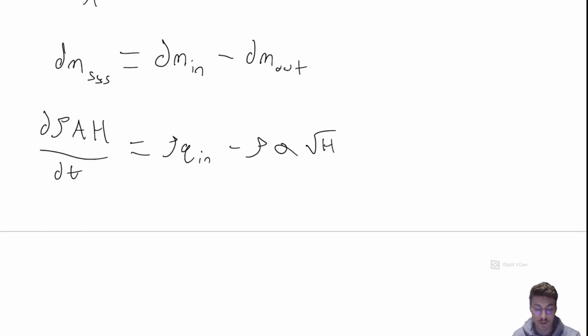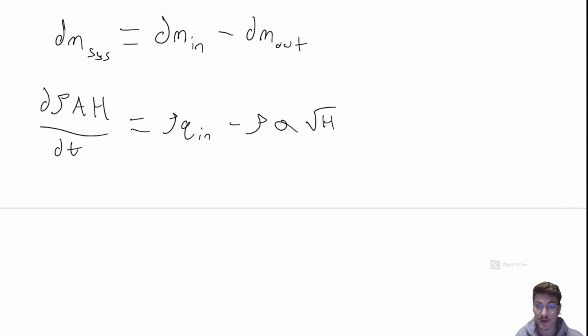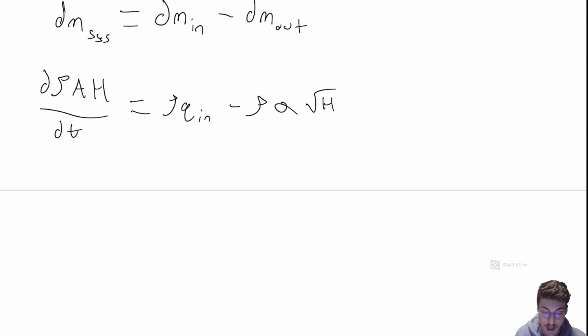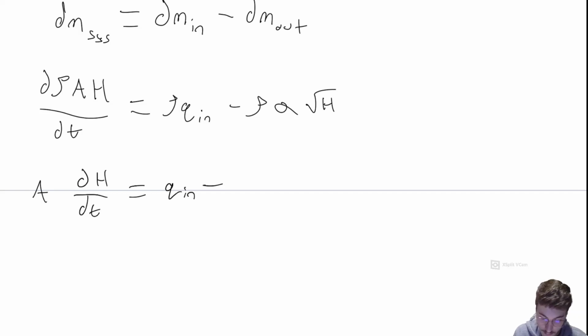And then what we can do from here, since we know that the cross-sectional area and the density are not changing with time, they're always going to be constant, we can go ahead and pull both those out, and the densities can cancel out right here. We can just pull the A out, so dh over dt times the cross-sectional area is equal to the flow rate going in minus alpha square root of h.